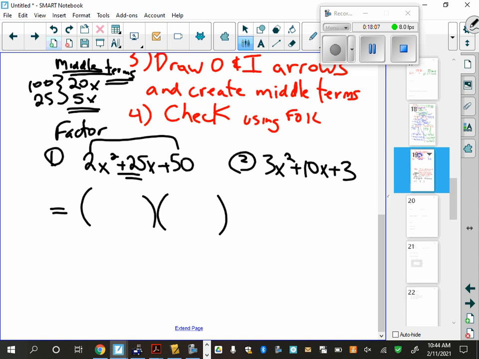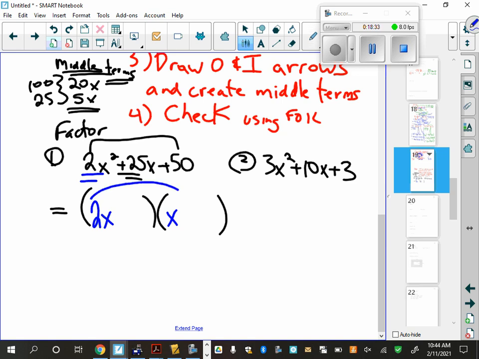Sorry, I'm running into the steps there. First step is to create a 2x squared. The only way you're going to get 2x squared is 2x times x, or vice versa. Everyone agree that that gives us our first term?